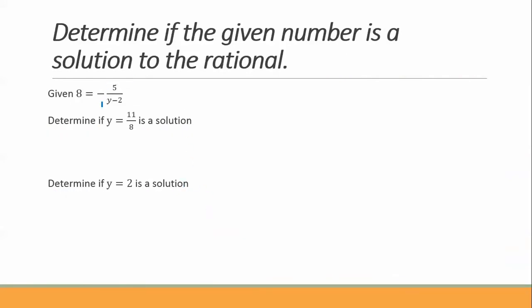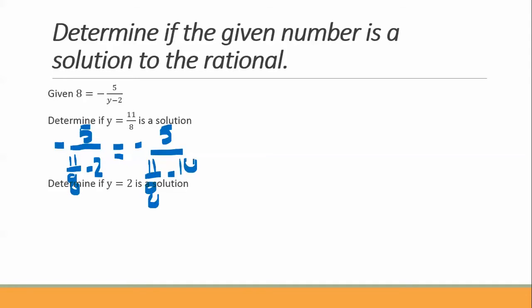Now, just because it's a fraction doesn't mean we don't know how to do this. So let's try y equals 11 over 8. We want it to equal 8, but we're going to start with this side. So we have negative 5 over 11 over 8 minus 2. Using our complex fraction rules, we're going to add the denominator first. So that's negative 5 over 11 over 8 minus 16 over 8.